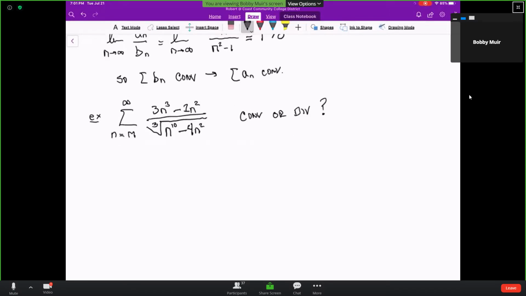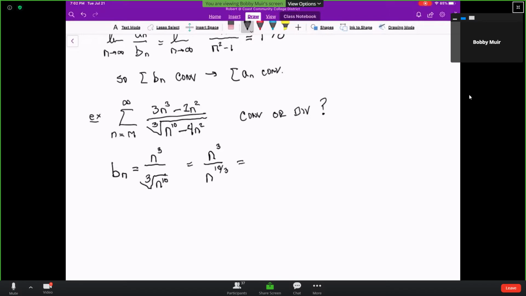Okay. So I'm going to compare this to B sub n, which is going to be n cubed divided by the cube root of n to the 10th. These are the dominating terms, okay? And so that's going to be n cubed divided by n to the 10 over 3, right?